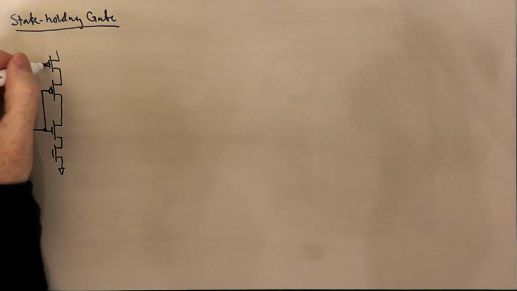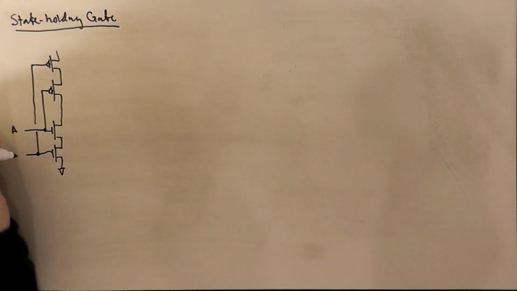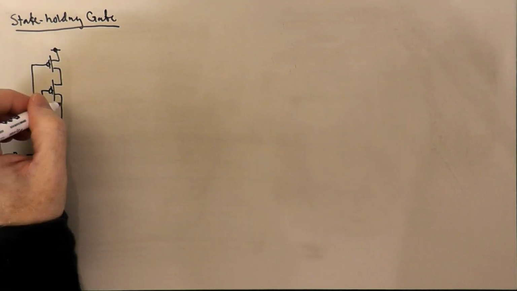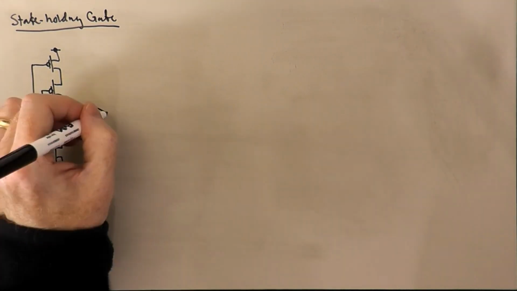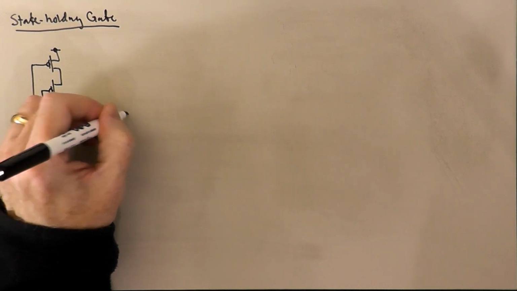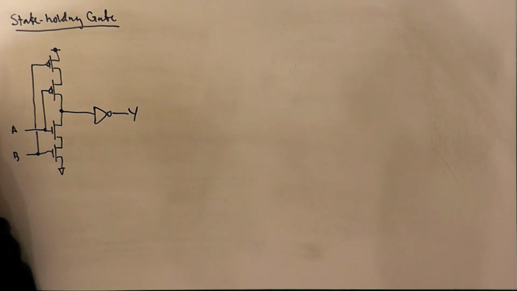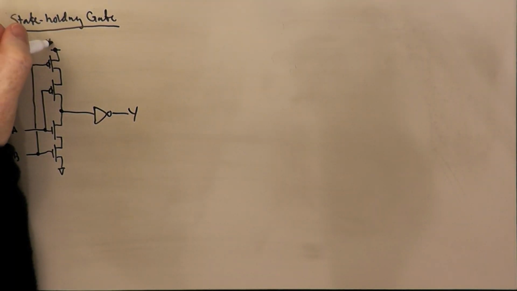Call the two inputs A and B. And we're going to have an inverter here to generate the actual output of the gate, which we're going to call Y. And so it's obvious that we've got these two transistors here in series, and we've also got two transistors in the pull-up network in series.